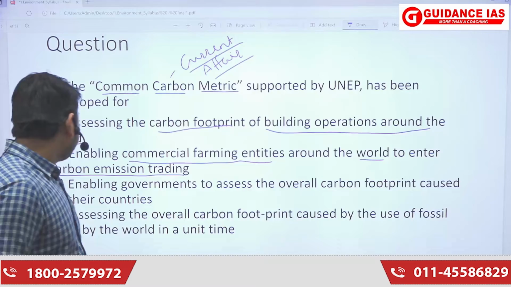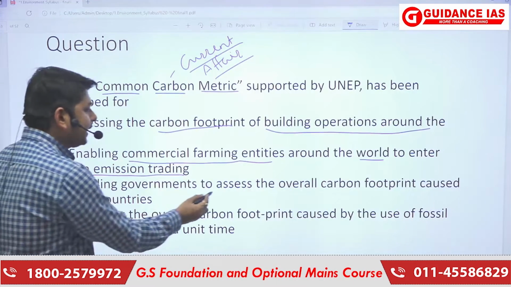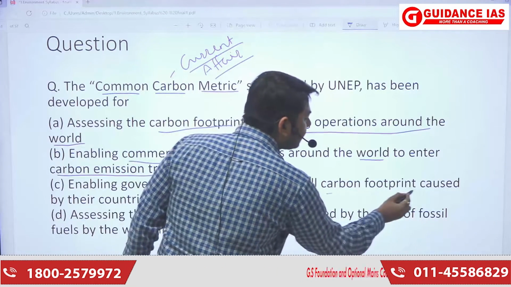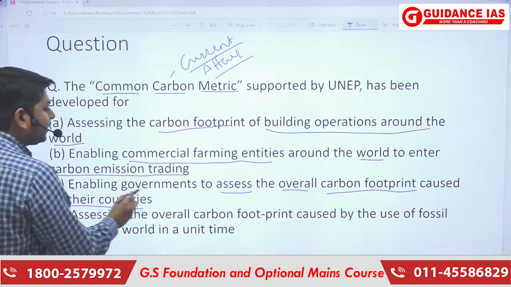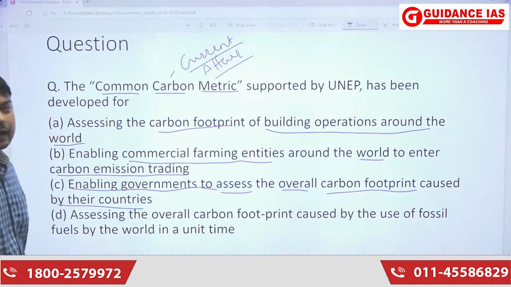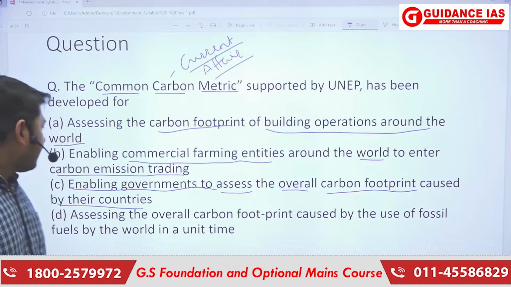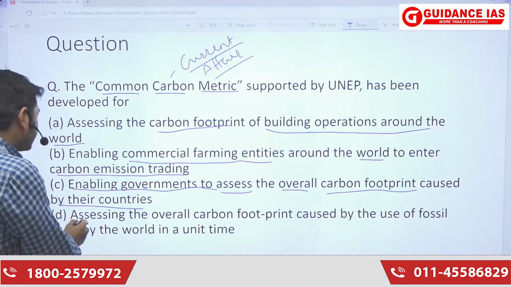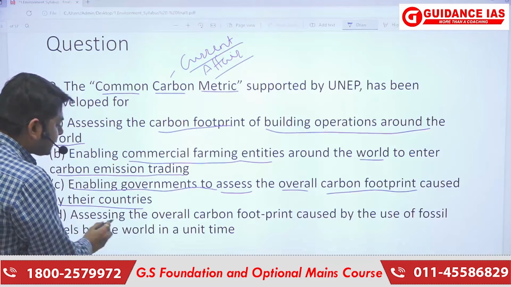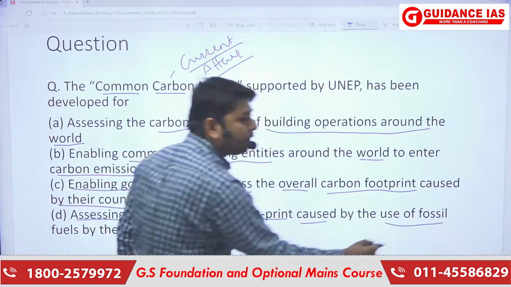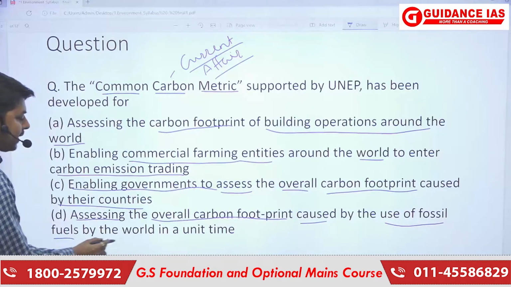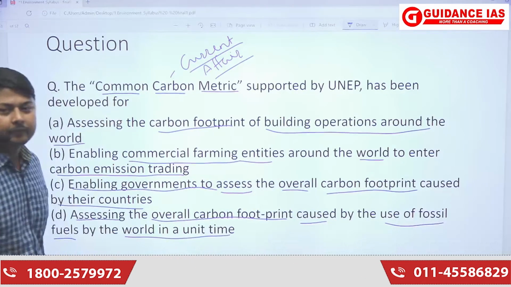The third point is enabling governments to assess the overall carbon footprint caused by their countries. The fourth statement is assessing the overall carbon footprint caused by the use of fossil fuels by the world in unit time.